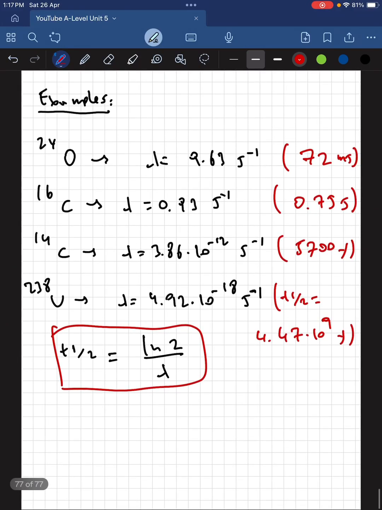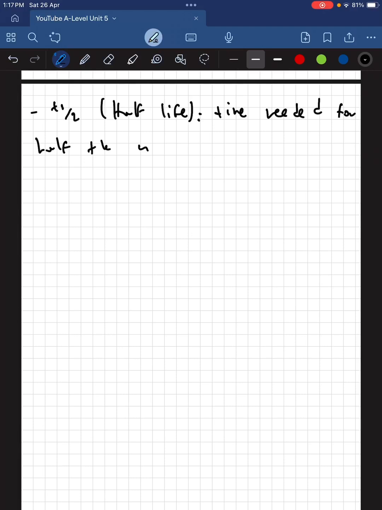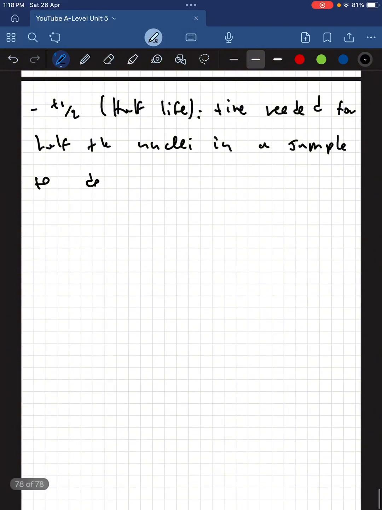So, since we already mentioned half-life, let's continue. T1 half is called the half-life. So let's define this. It's the time needed for half the nuclei in a sample to decay.